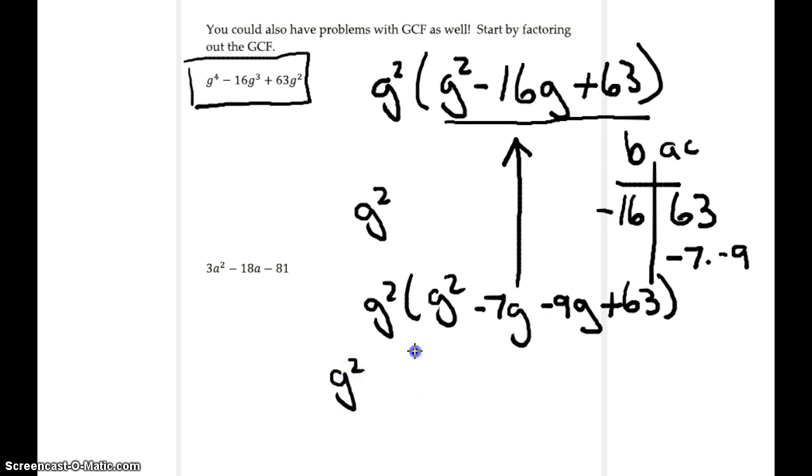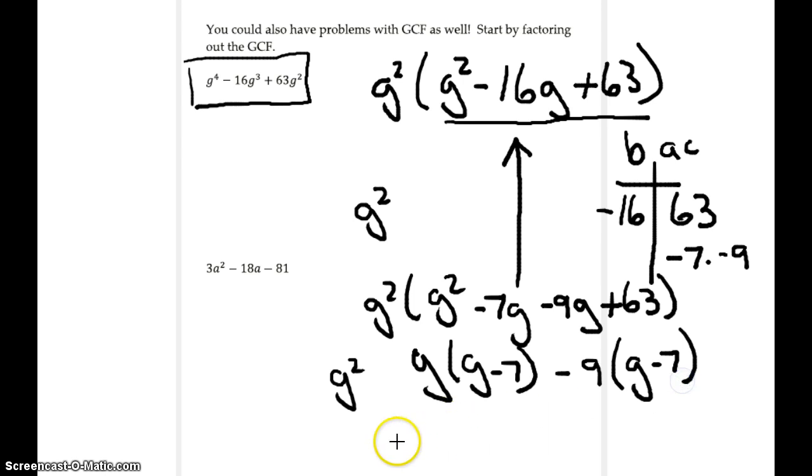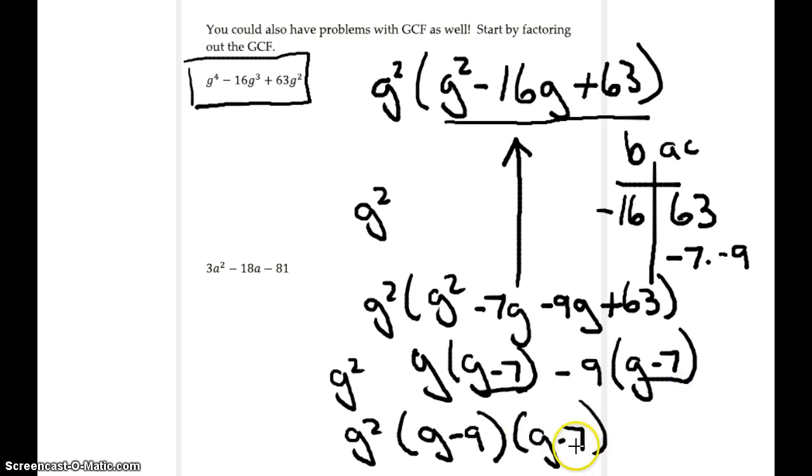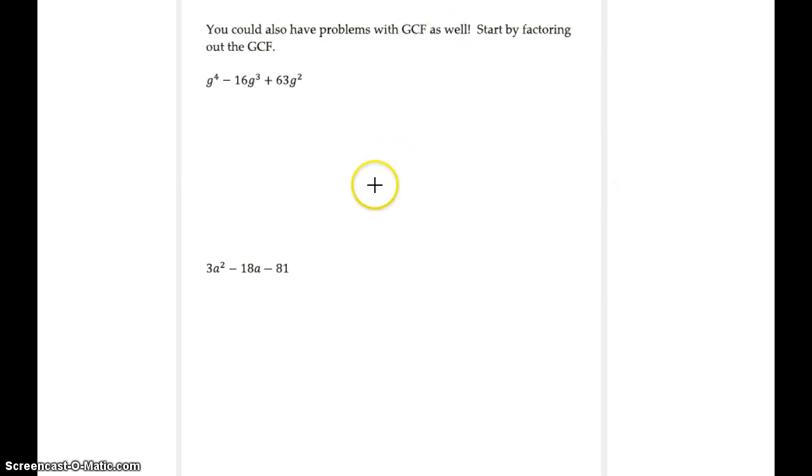We do the grouping and we have G times G minus 7 minus 9 times G minus 7. G squared still sits on the outside, don't forget that. We have my G minus 9 and my G minus 7.